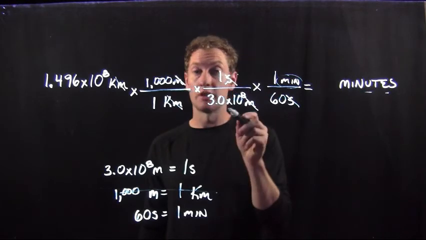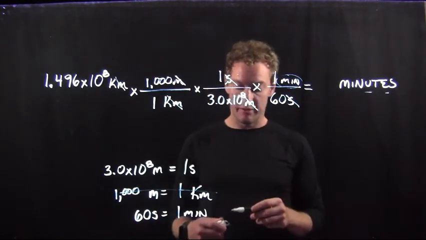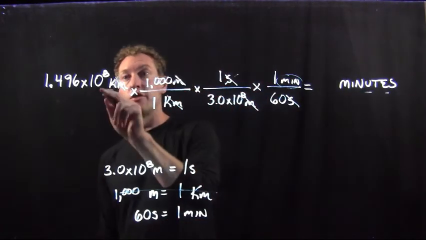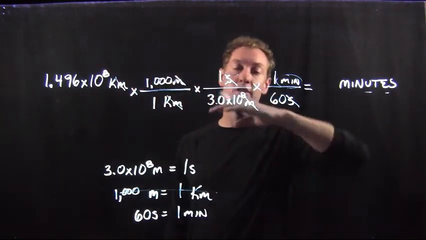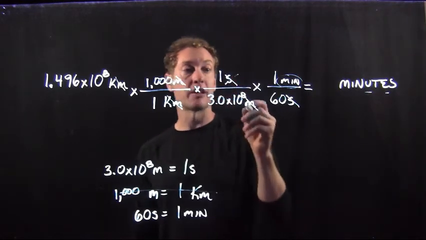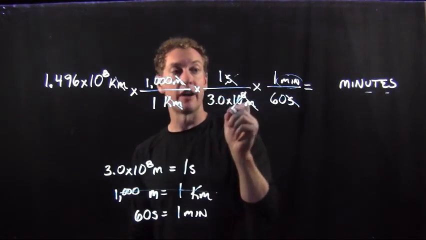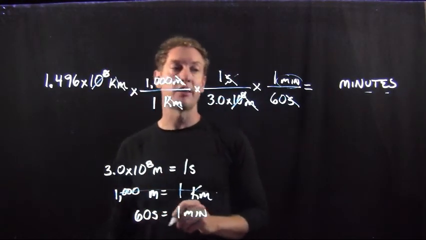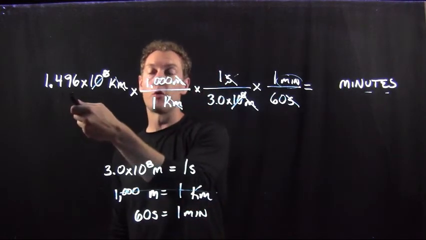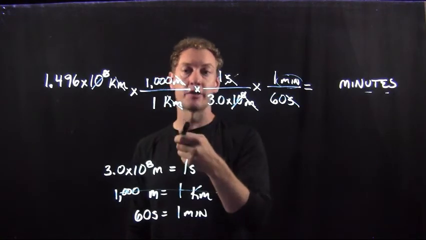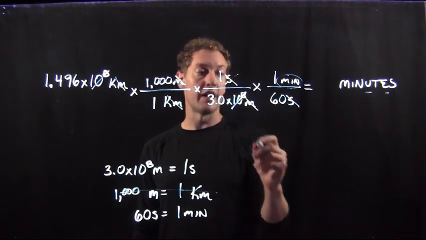I also, just thinking in terms of math, there's a 10 to the 8th on the top of the fractions and a 10 to the 8th on the bottom of the fractions. To make life easier, I can divide away those 10 to the 8th values. We get 1.496 times 1,000, and that would then be divided by 3.0 times 60.